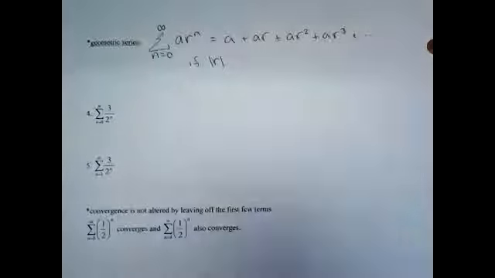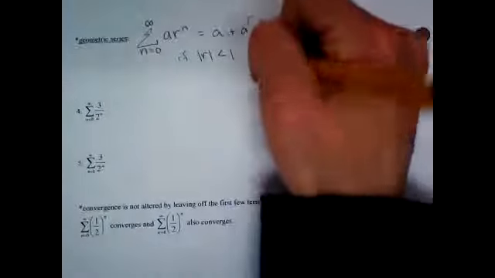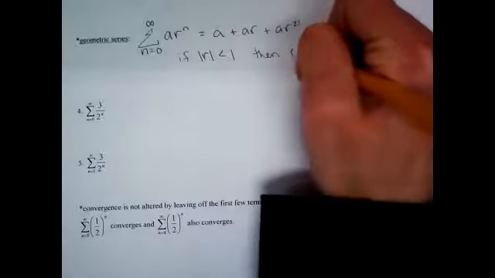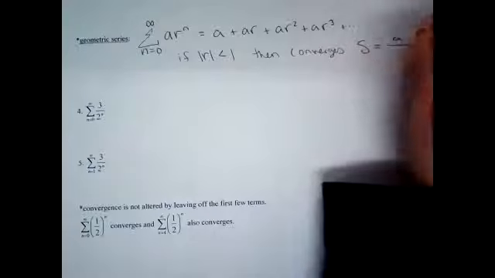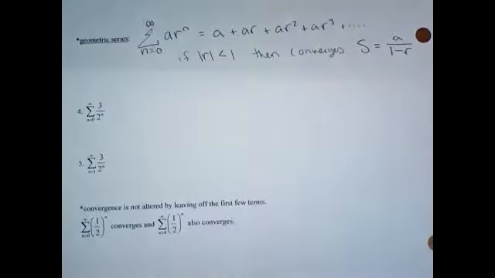So if the absolute value of r is smaller than 1, then it converges and your sum equals a over 1 minus r. Now we say the absolute value of r because it could be negative, and what that does is it makes the terms alternate. Do you remember we had one like that last time where it goes positive, negative, positive, negative? You can kind of ignore that part.